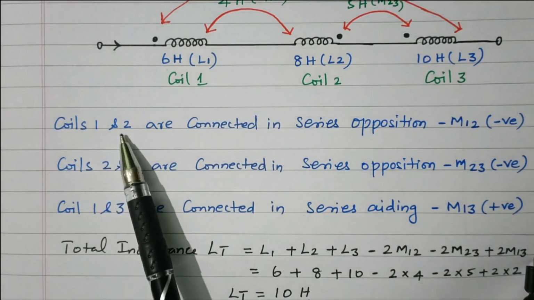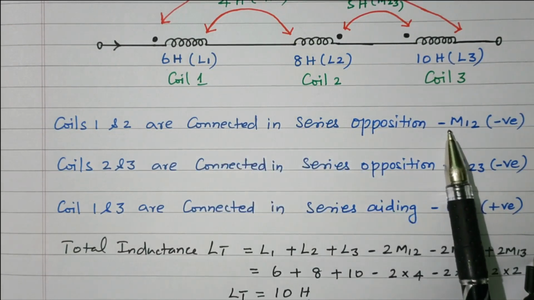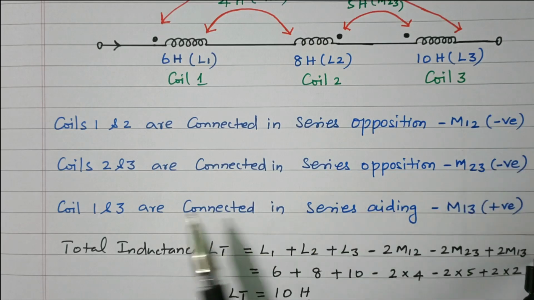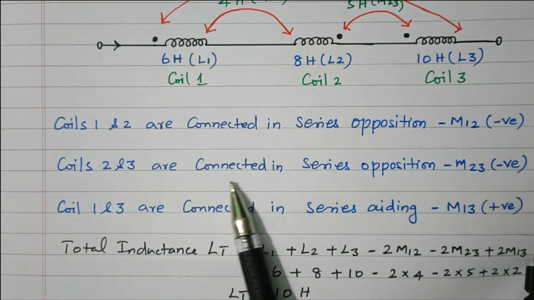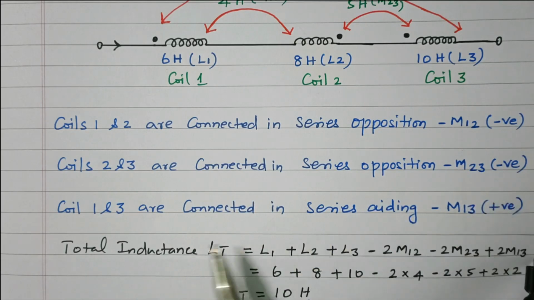So coil 1 and 2 are connected in series opposition. So M12 is negative. Coil 2 and 3 are also connected in series opposition. So M23 is negative. Coil 1 and 3 are connected in series aiding. So M13 is positive. Right. So now we'll go to the formula.